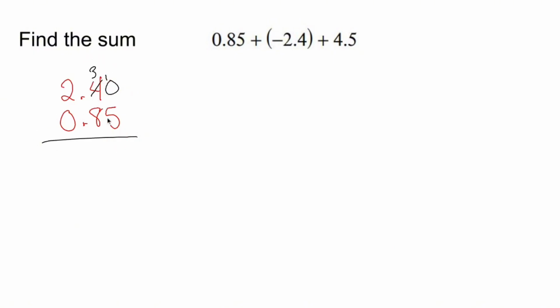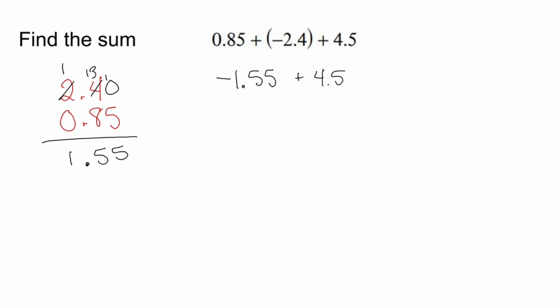So 10 minus 5 is 5. 3 minus 8 can't do it, so let's take away from you and make you 13. 13 minus 8 is 5. Drop down the decimal. 1 minus 0 is 1. Now in this case, since the negative number was larger, this becomes negative 1.55.